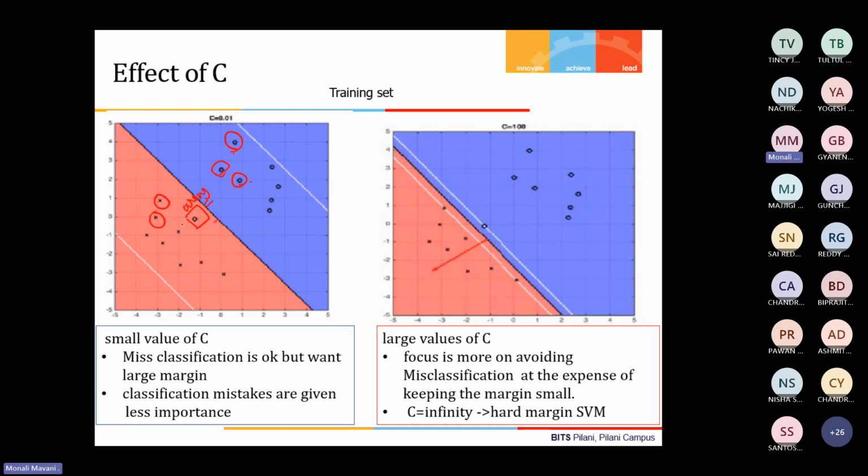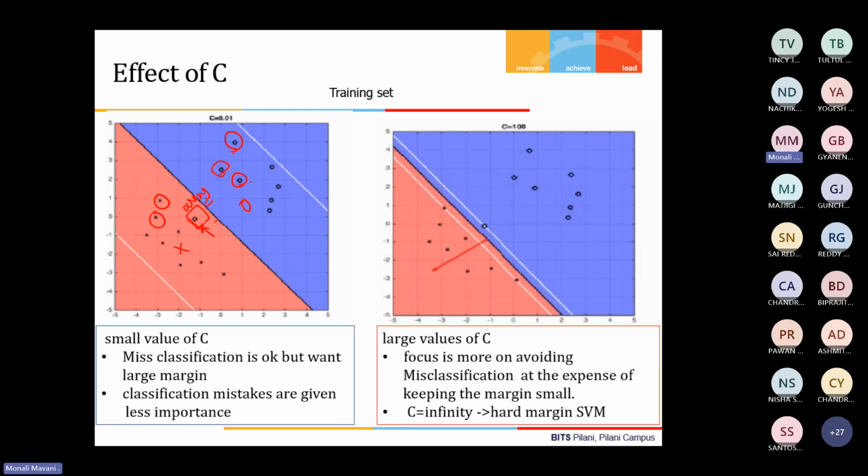What is the advantage of maximizing the margin and allowing some misclassification to happen? Here, this is a point which is misclassified. We have a circle and we have the cross here. The rest of the points are on the correct side of the decision boundary but within the margin, and they will still be classified correctly.